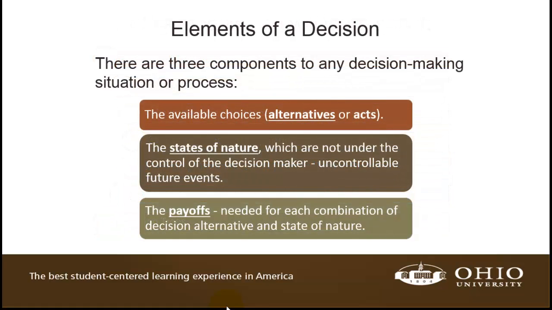So the three elements of a decision are the set of all possible alternatives or choices, the different states of nature under which you have no control. Examples of this might be the weather or the economy, and finally the payoff. And for each different combination of alternative and state of nature, you must have an associated payoff.